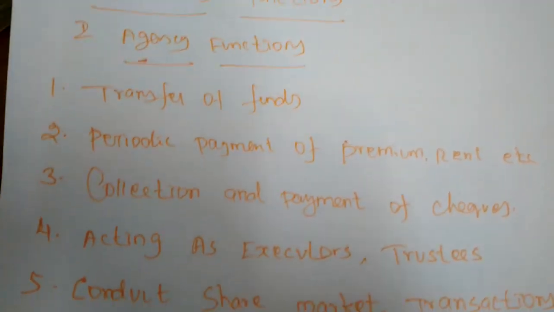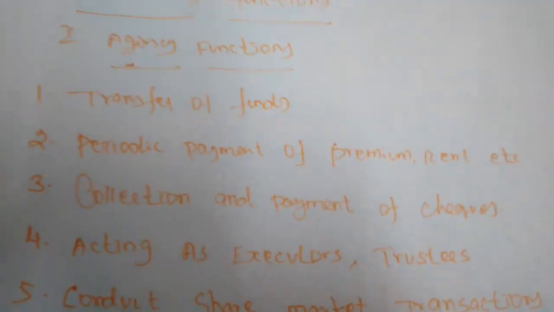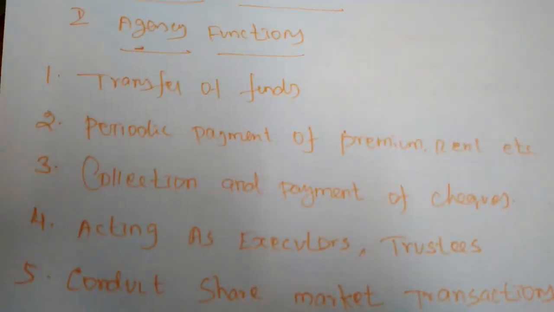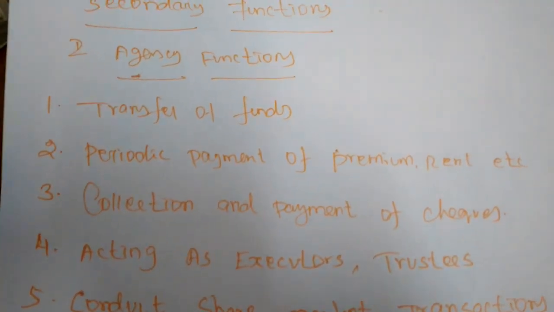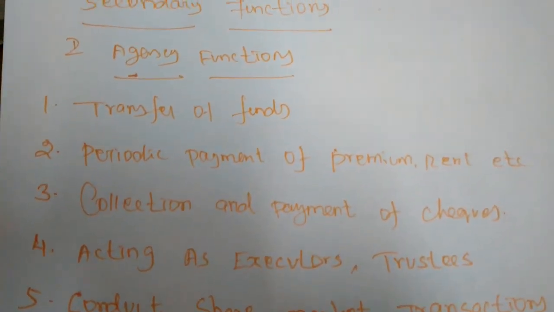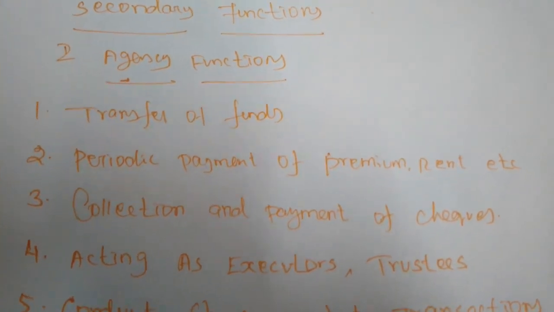As an agency, commercial banks act in many roles. First, the transfer of funds. The bank issues demand drafts, bankers' checks, travelers checks, etc., and helps in the transfer of funds from one place to another place.